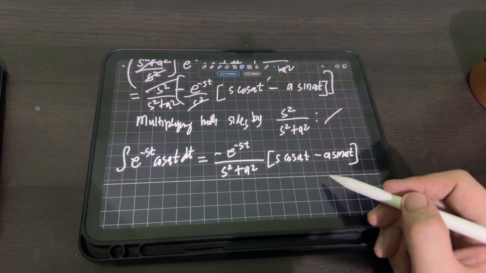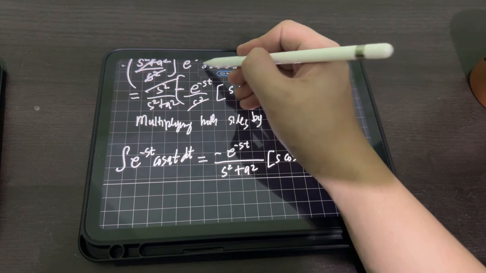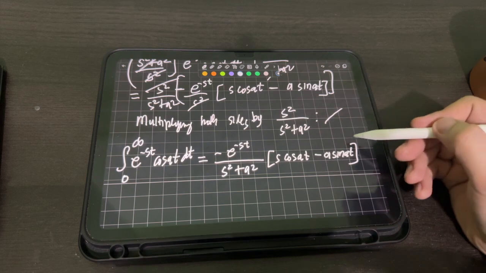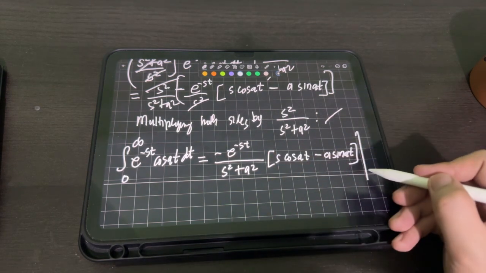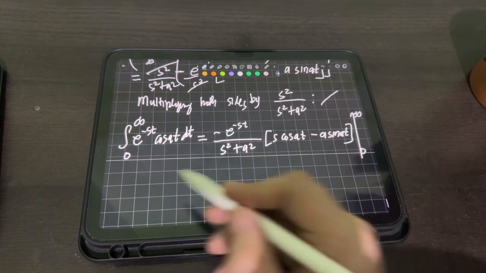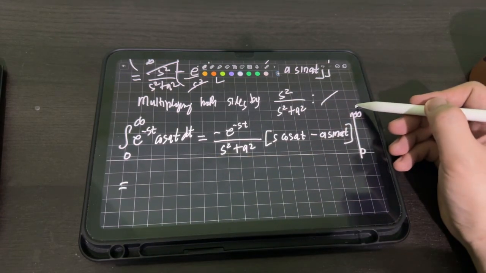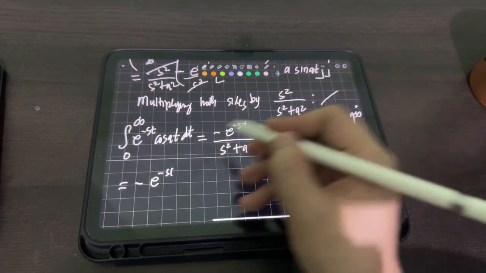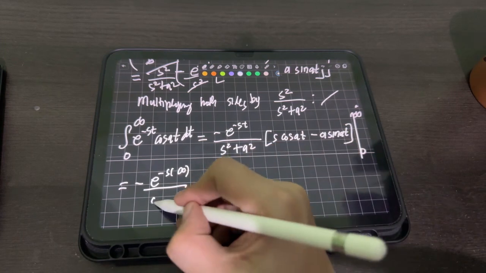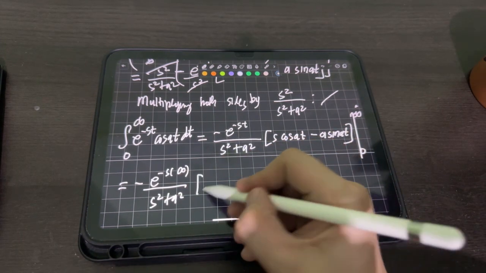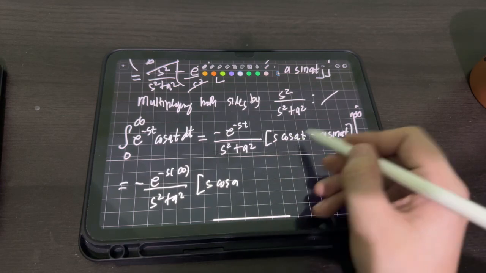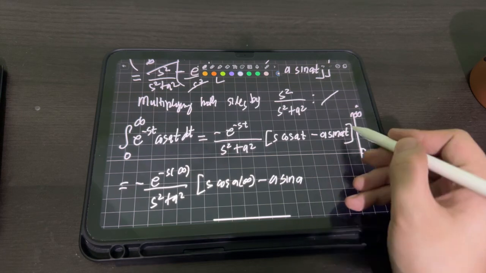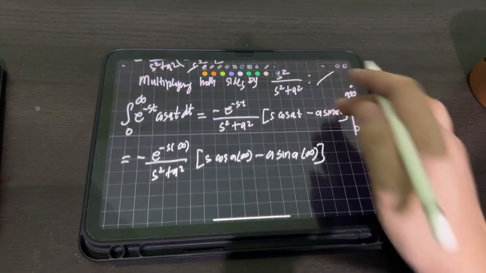But the original problem is a definite integral with lower and upper limit of 0 and positive infinity. So therefore, we must also evaluate this indefinite integral from 0 to positive infinity. So substitute first the upper limit infinity to every t here. So negative of e to the negative st replaced with positive infinity over s squared plus a squared times s cosine at replace also with positive infinity minus a sine at, again replace t with positive infinity.